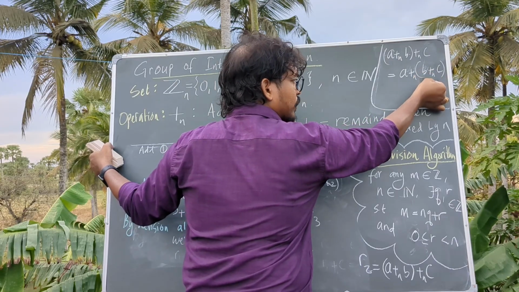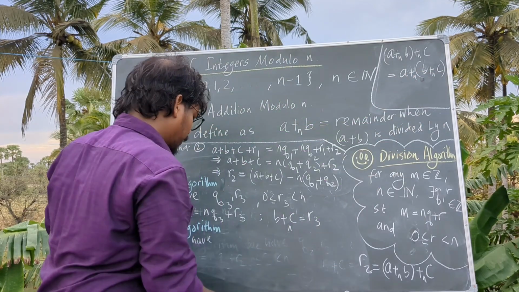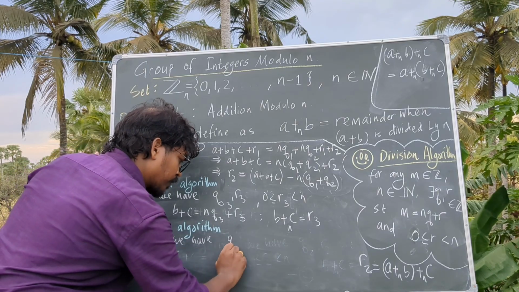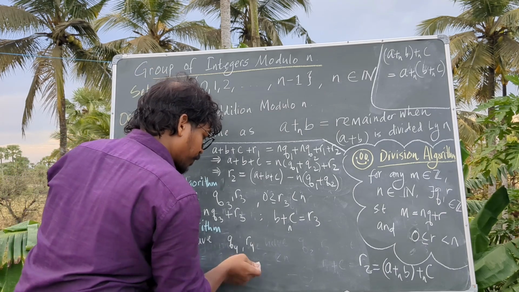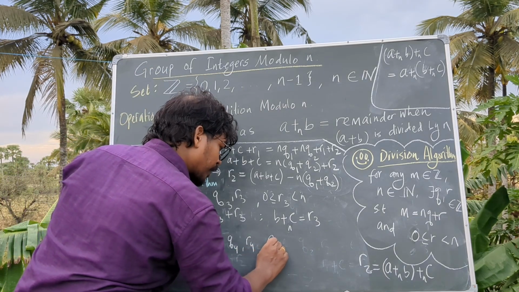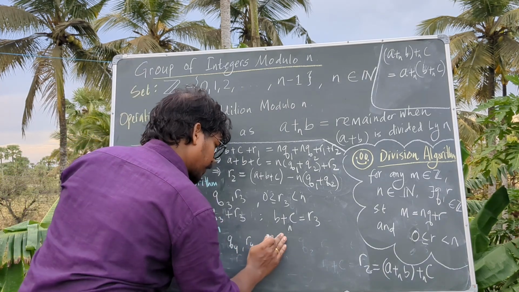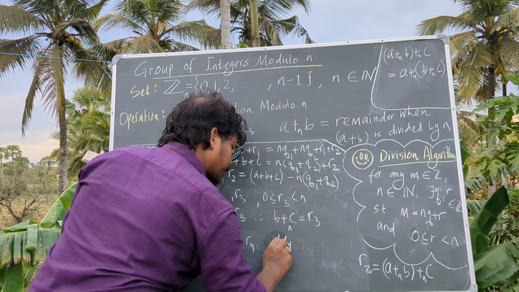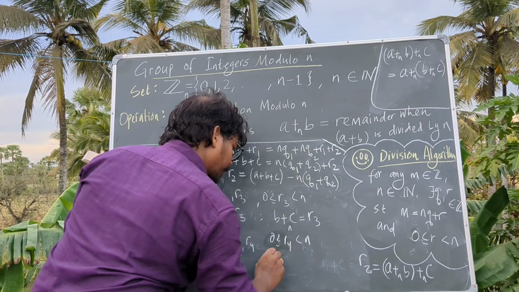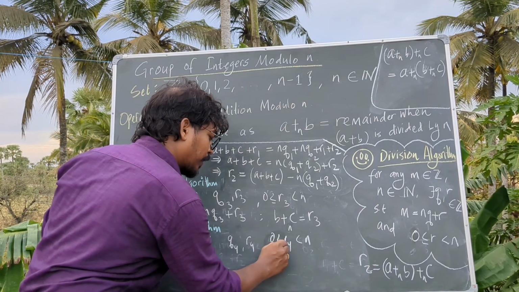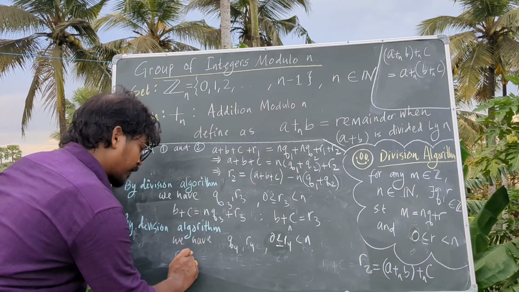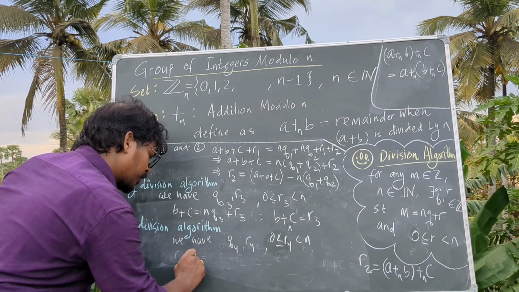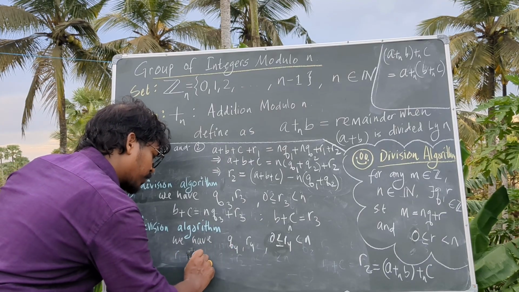We'll operate R3 with A. We have Q4, R4, such that R4 varies from 0 up to n minus 1, strictly less than n, and R3, I will take A first.